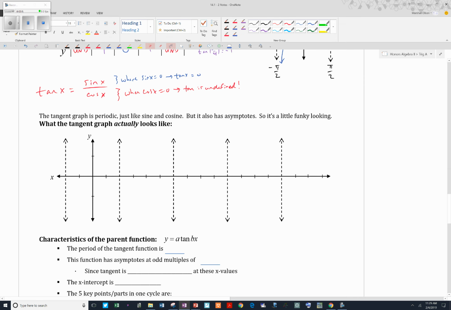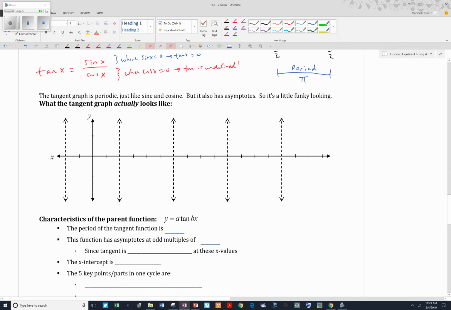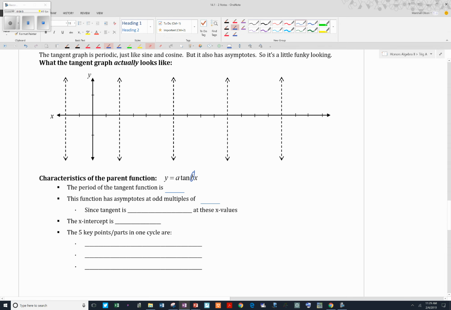Actually, before I talk about that, let's talk about what the period of the tangent graph is. This would be one period or one cycle of the graph, whose length is called a period. From negative pi over 2 to pi over 2 is pi. That's the period of the tangent graph, unless you have a b value there. Then we're going to have pi over the absolute value of b as our period.